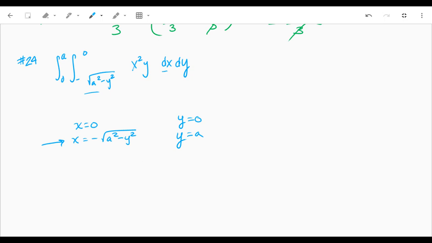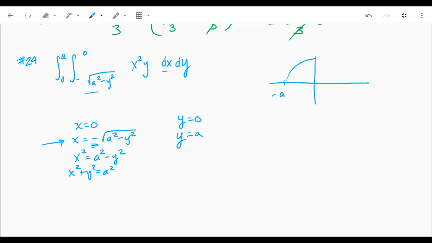If I square both sides, I would get x squared equals a squared minus y squared. So x squared plus y squared equals a squared. So it's a circle centered at 0, 0 with a radius of a. But keep in mind, we only want the negative x values. So we're doing a circle with a radius of a, but we're only looking at the negative values.